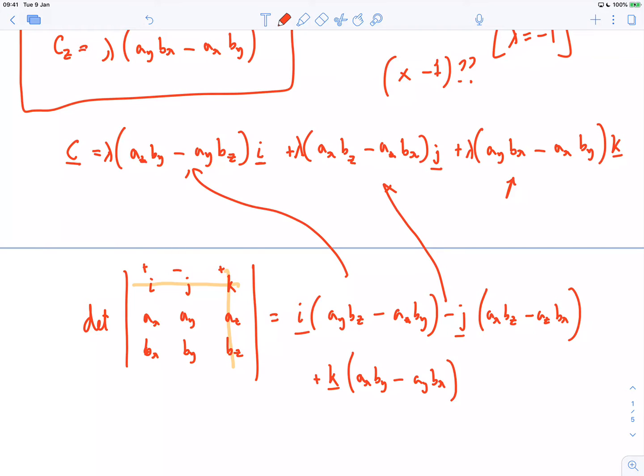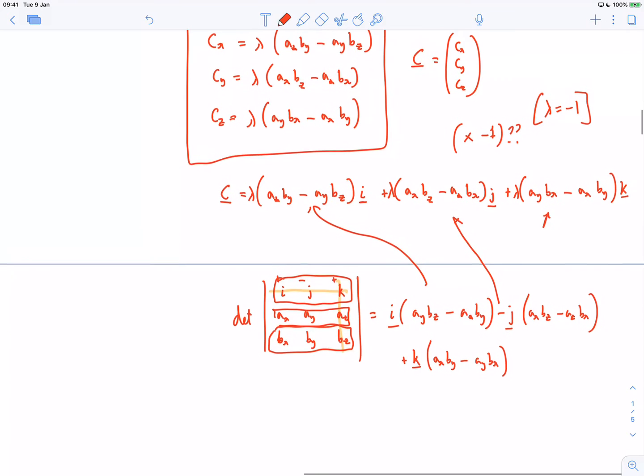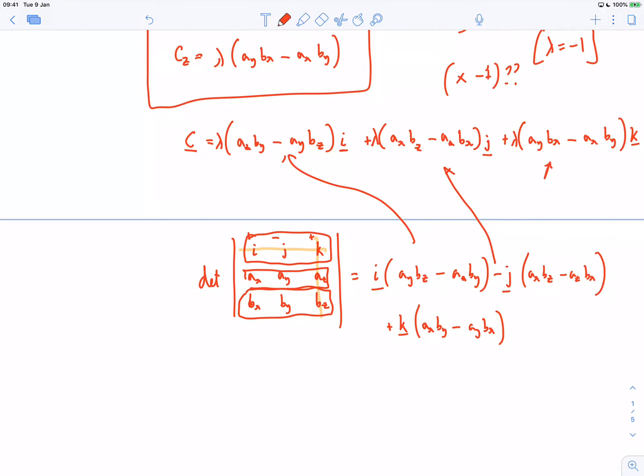And now, I'm hoping you'll see that if you take the determinant of the i, j, k column vectors across the top, and then one column vector in another row, and another column vector in another row, you will get the normal vector. So this whole thing, you will actually get the magnitude of n, not n hat, n.